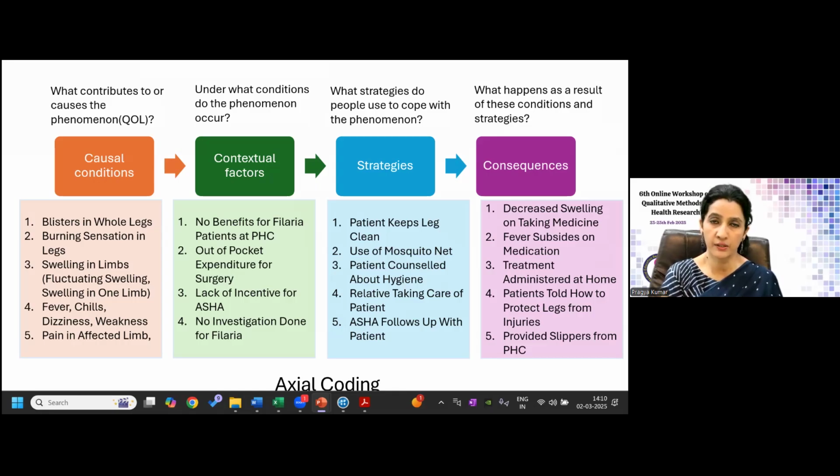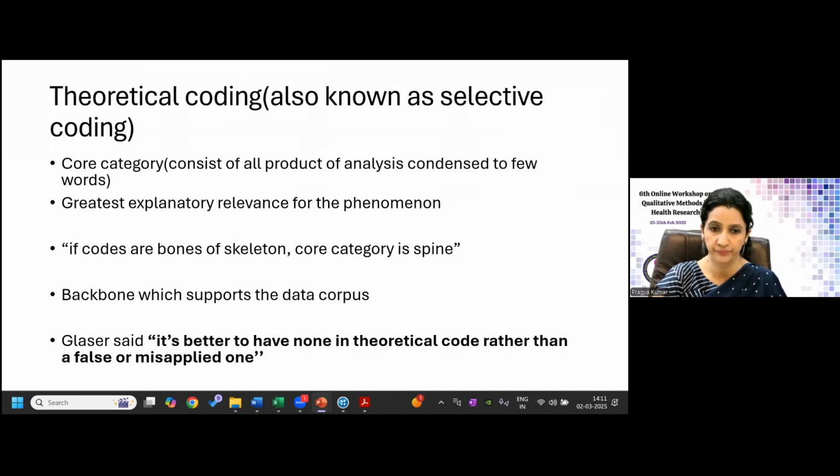The first is the causal condition of your central phenomenon, then the contextual factors leading to the central phenomenon, then the coping strategies they have adopted, and the outcome or consequences of those coping strategies.